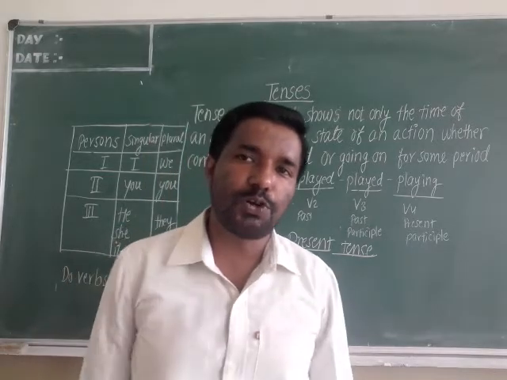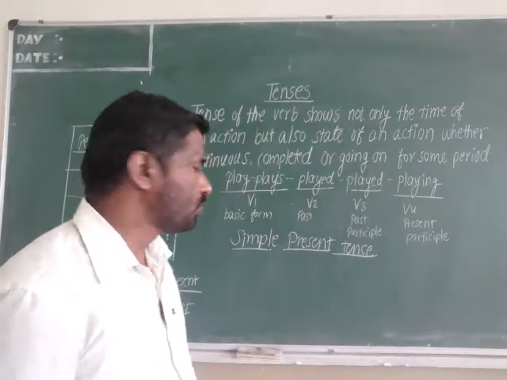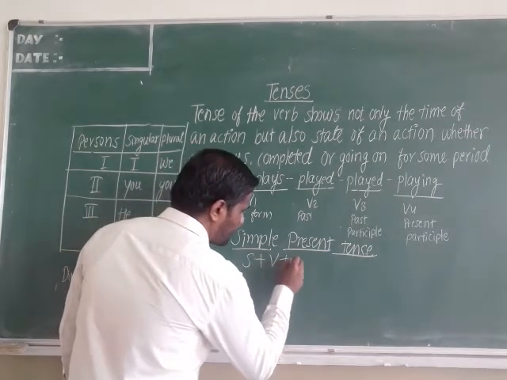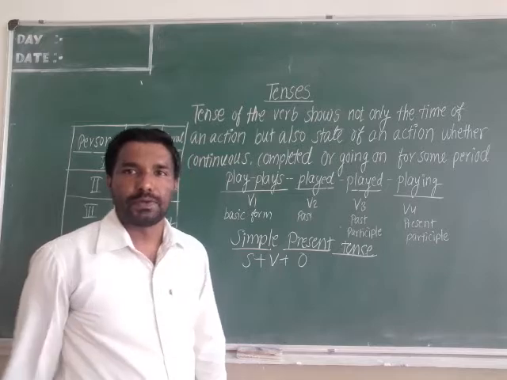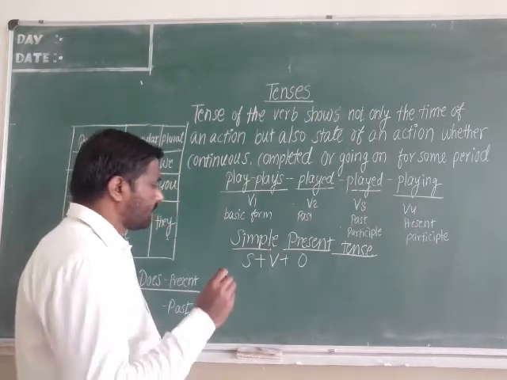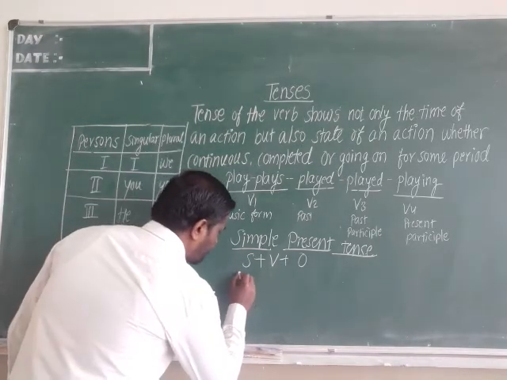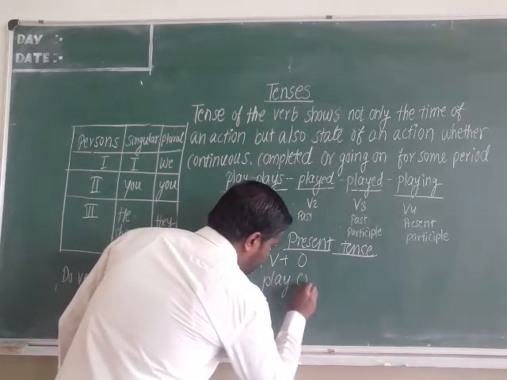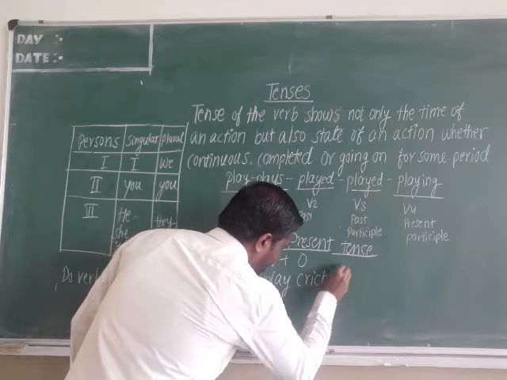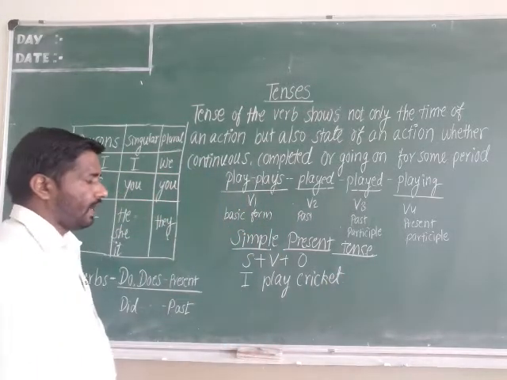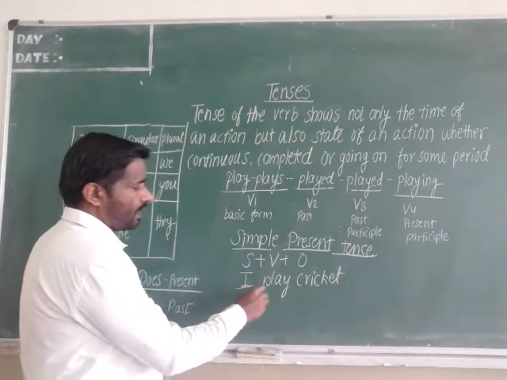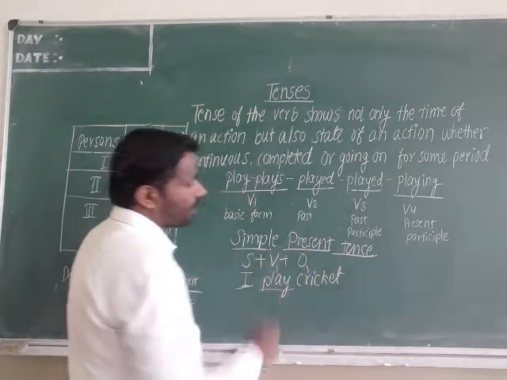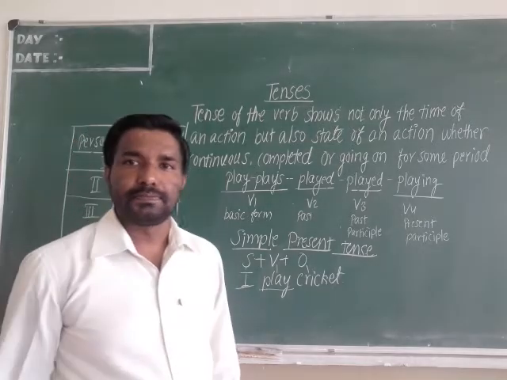So, what is the structure of simple present tense? Usually it has the structure subject plus verb plus object. And let us see an example. For example, I play cricket. Here I is subject, play is verb and cricket is object.